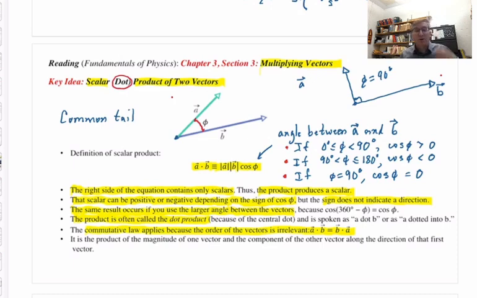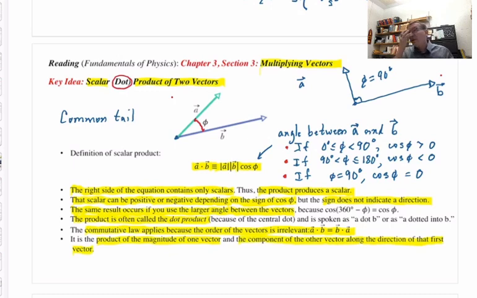Here's a geometrical interpretation, at least that's how I describe it, of scalar product. Geometrically, what is scalar product telling you about two vectors? It is telling you this: the product of the magnitude of one of those vectors with the component of the other vector along the direction of that first vector.